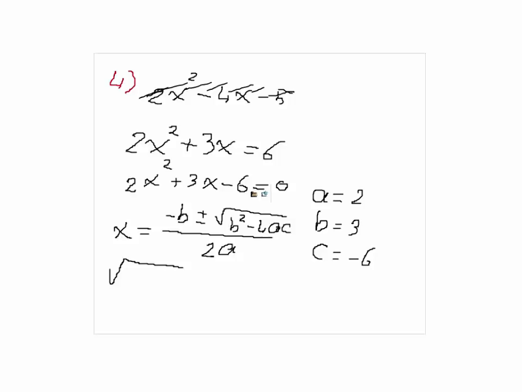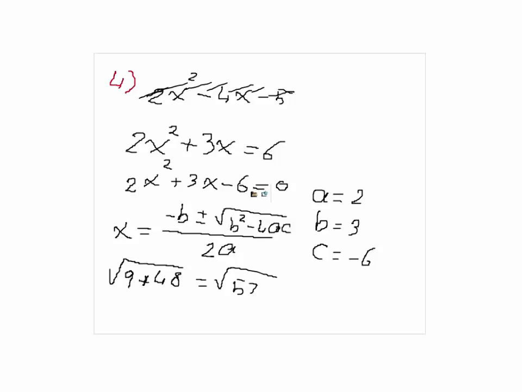If I plug these three numbers in to find what is under the radical, I have b squared, which is 9, and also negative 4 times a times c, so negative 4 times 2 is negative 8, and times negative 6 is positive 48. So the result will be the square root of 57.